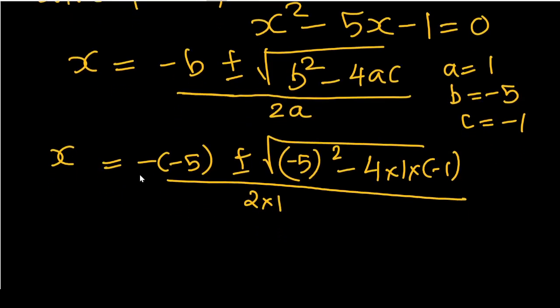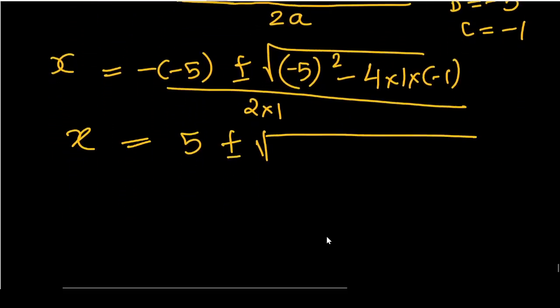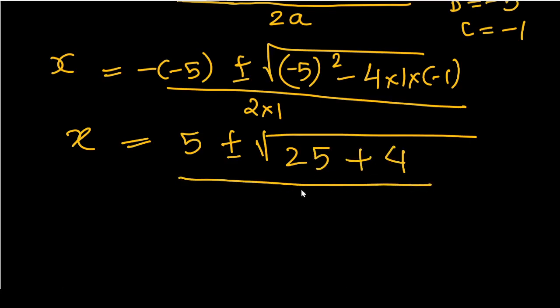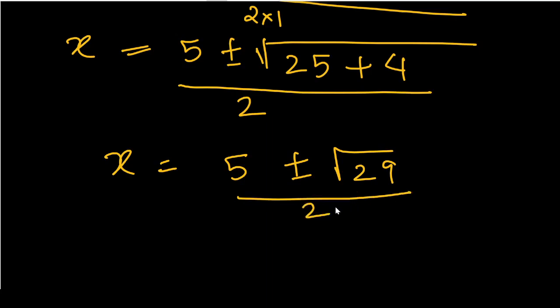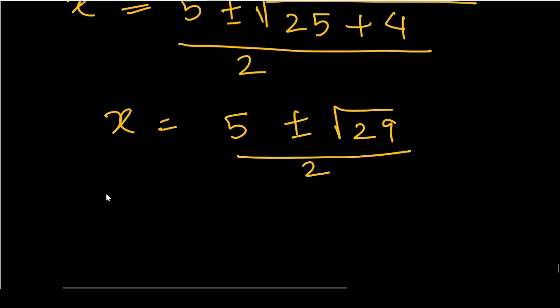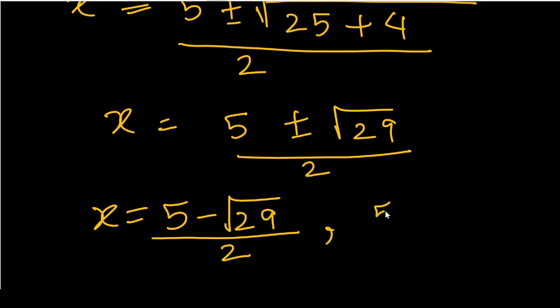So using this we will get the two values, 5 plus minus under root 25 plus 4 upon 2, which gives us x equals to 5 plus minus root 29 by 2, which is x equals to 5 minus root 29 by 2, 5 plus root 29 by 2.